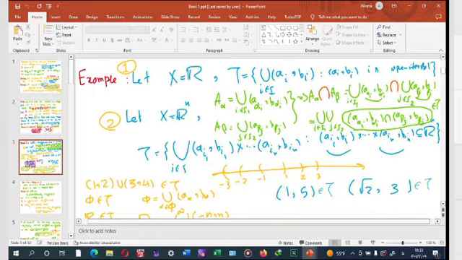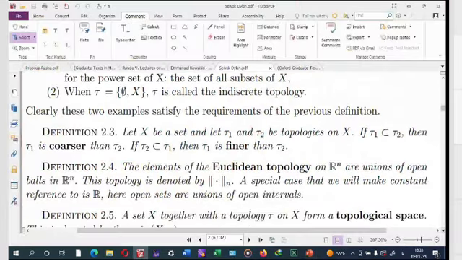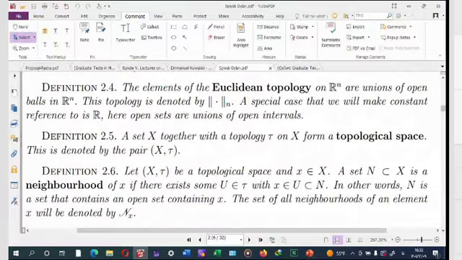Now we have a very important example. The elements of the Euclidean topology on R to the power of n, where R is the real numbers, are unions of open balls in this set.